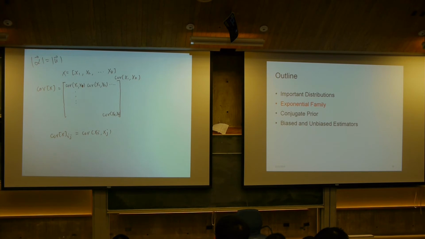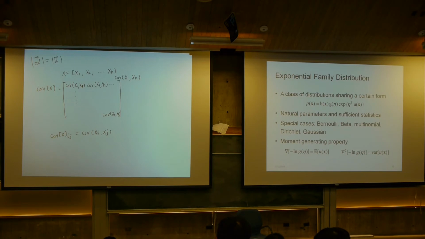The next topic we are going to discuss is whether there is a general form that can unify these 5 distributions. This comes to the exponential family distribution. The exponential family distribution is a general form which has the form p(x) = h(x) g(eta) exp(eta transpose u(x)).